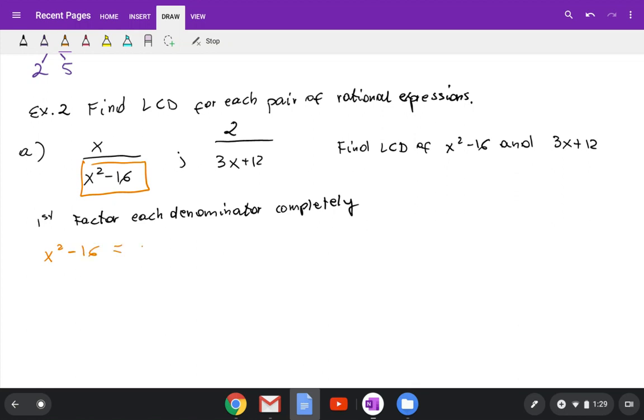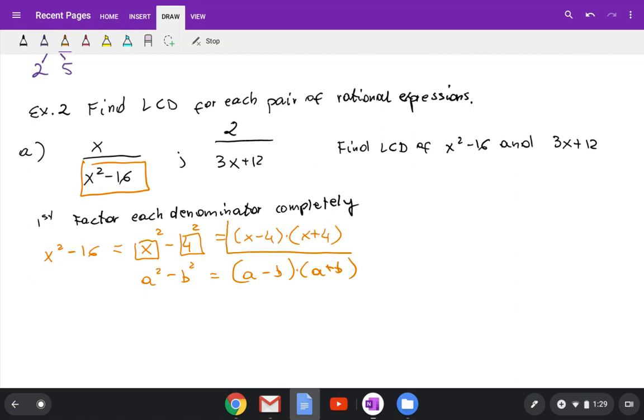Hopefully by now you guys recognize that you can rewrite this as x squared minus 4 to the second power. And remember the formula a squared minus b squared, which is the difference of two squares. To factor something like that, this is the same as a minus b times a plus b. A and b are the expressions which you see in front of exponents, which will be x and 4. So to factor that, you're going to rewrite that as x minus 4 times x plus 4.